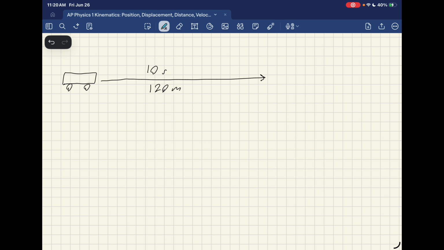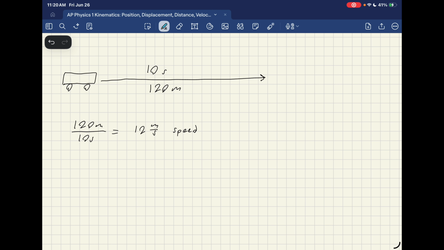What is the average speed and the average velocity? The average speed is the distance divided by the time. So our distance is 120 meters, and our time is 10 seconds. So 120 divided by 10 is going to give us 12 meters per second, the average speed.